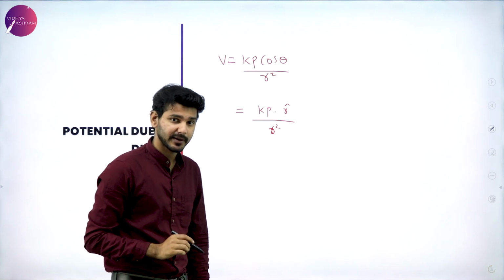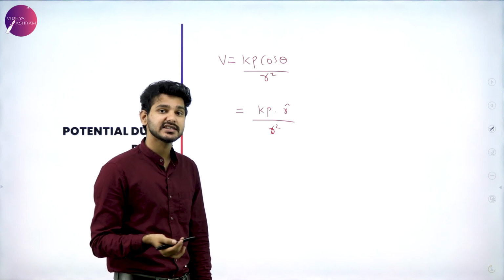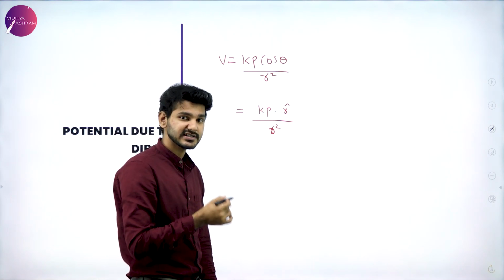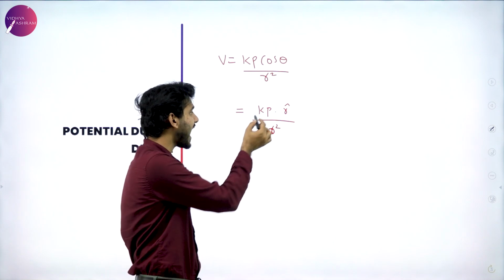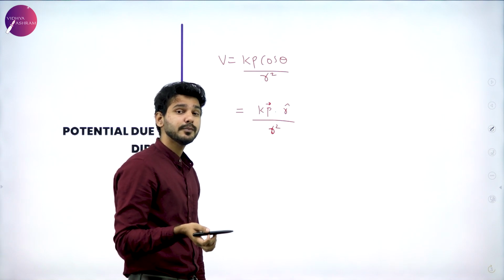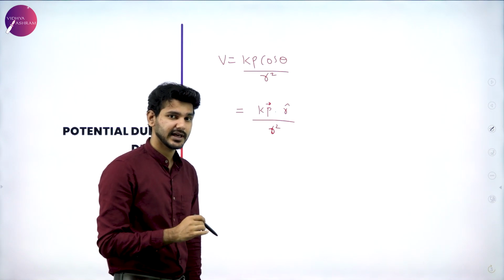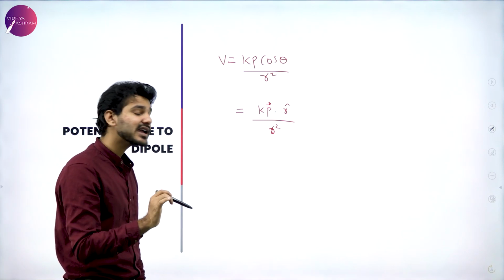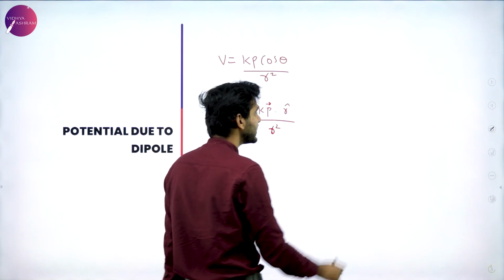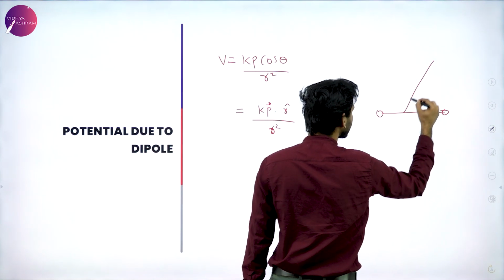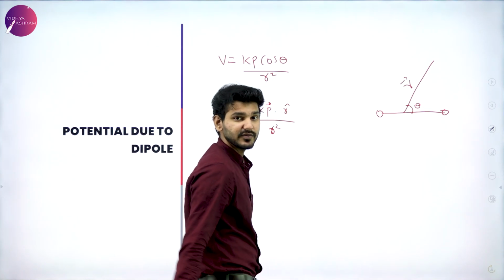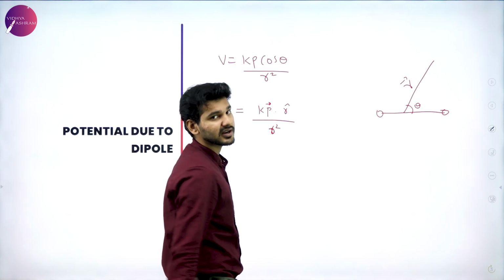Why is the r cap there? As you all know, vector quantities need direction, and that is how we write them as vector quantities, and the dot product just indicates that the angle between these two quantities is theta. Now, why did we put a unit vector r cap there? It is to indicate the angle that we considered between r and the dipole moment, which is along the axis from minus q to plus q.